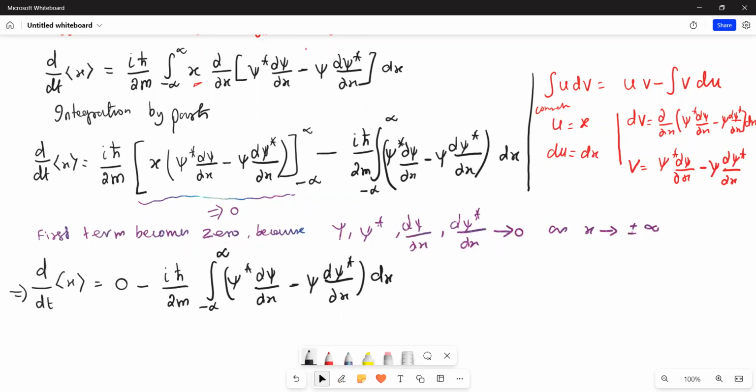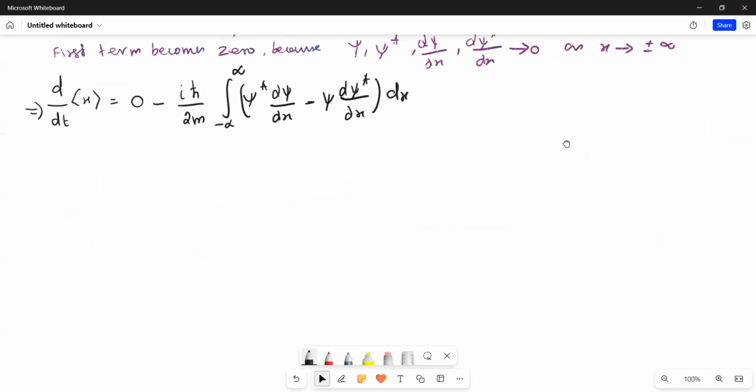So again, we are just doing simple mathematical steps here, and at the end, finally, we are going to get the proof for the first equation.